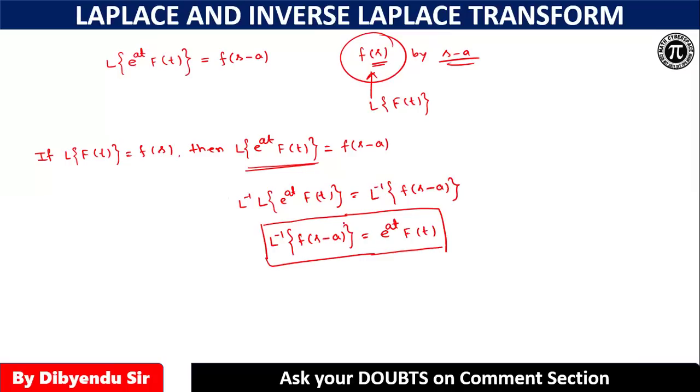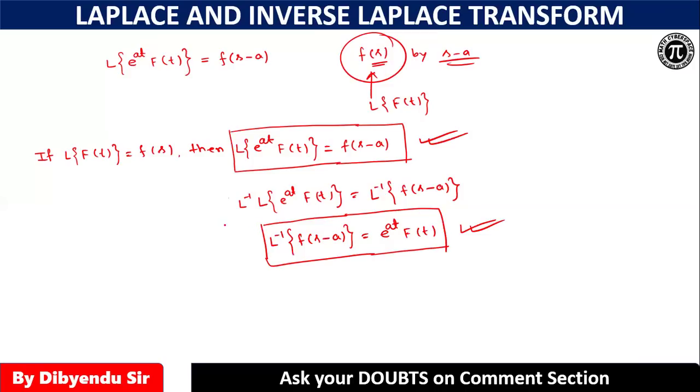And this one is the first shifting property for Laplace transform. Clear? This one is for Laplace transform and this is for inverse Laplace transform. Remember, if the given function f of t is multiplied by e to the power at, then you can apply the first shifting property.